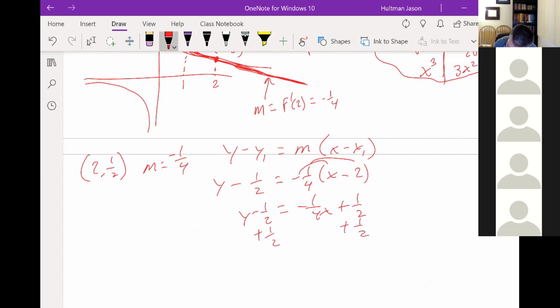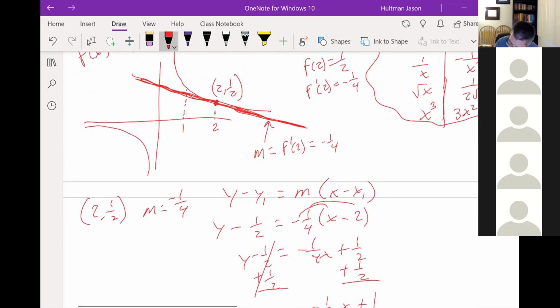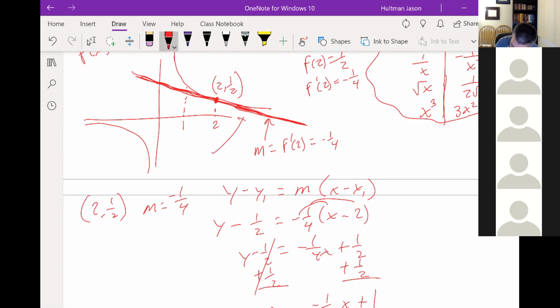What's 1/2 plus 1/2? One. So the equation of this line is y equals negative 1/4 x plus 1.